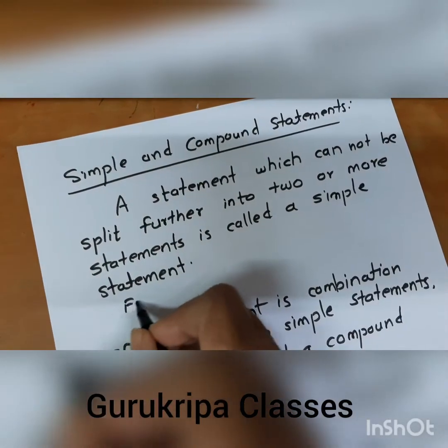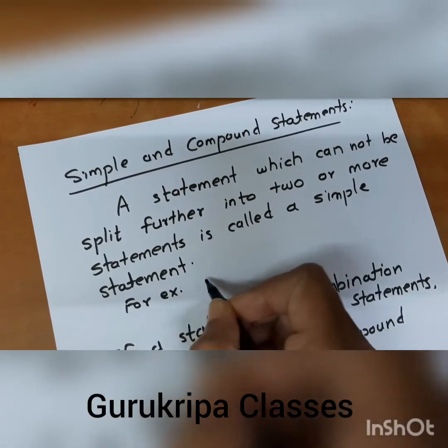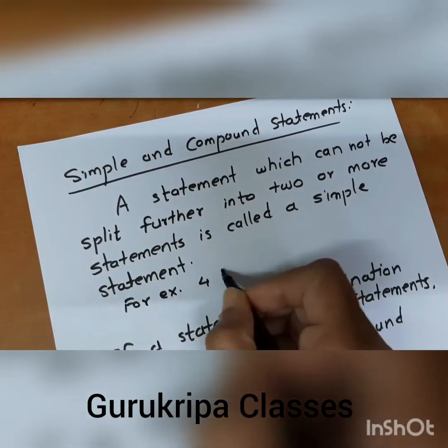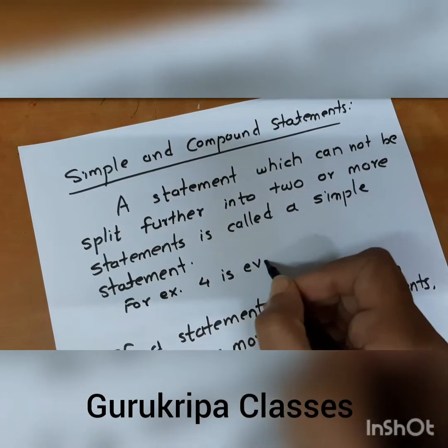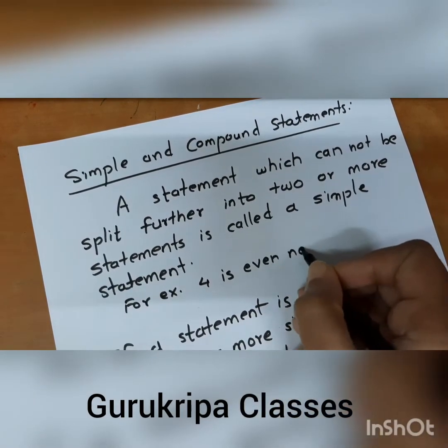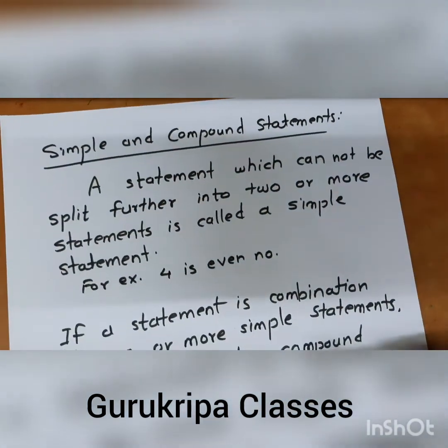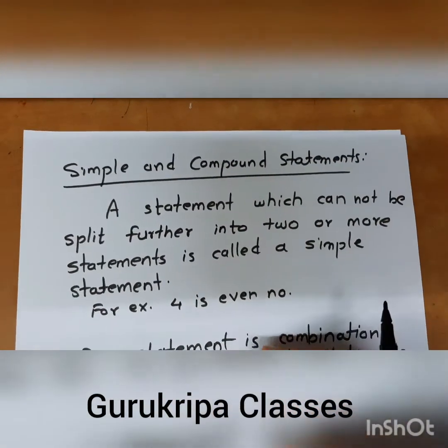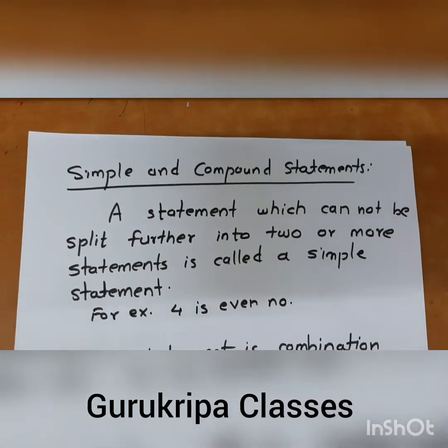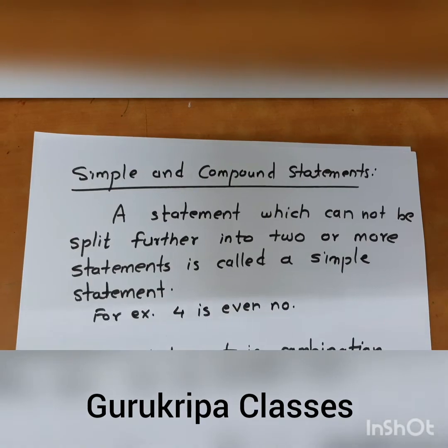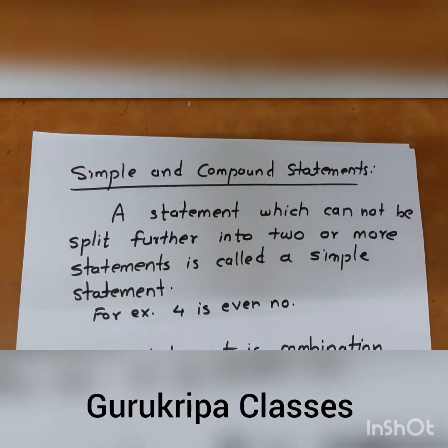For example, 4 is an even number. Can we separate this statement into two statements? No, we cannot split it into two statements. So this is called a simple statement.